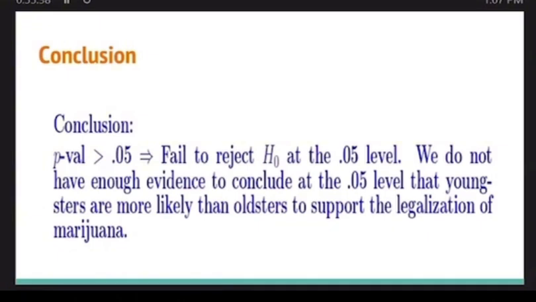We are just saying, based on the evidence that we have, we fail to reject H naught at the 0.05 level. Then you say we do not have enough evidence to conclude at the 0.05 level that the youngsters are more likely than oldsters to support the legalization of marijuana.